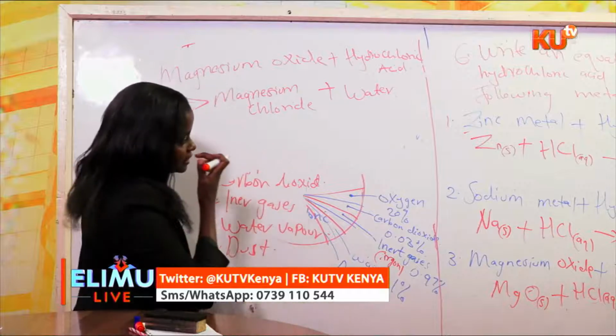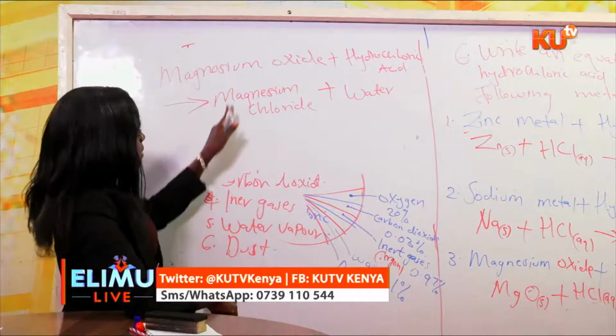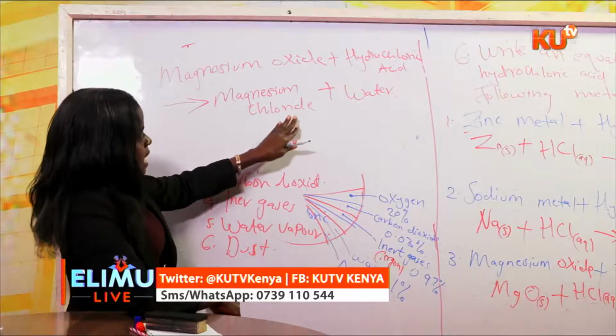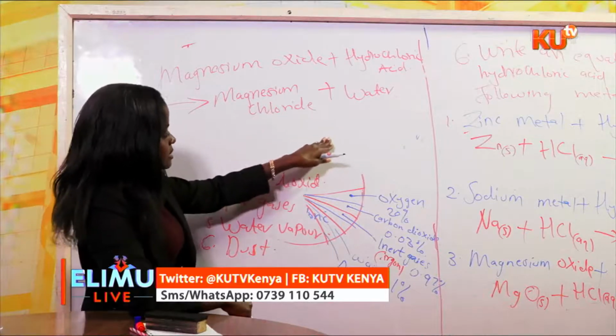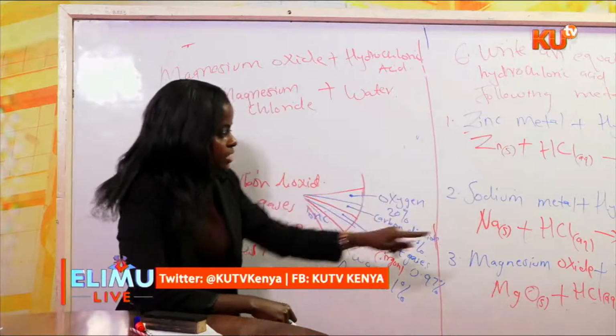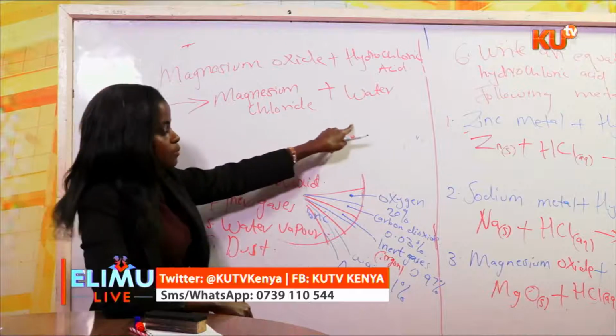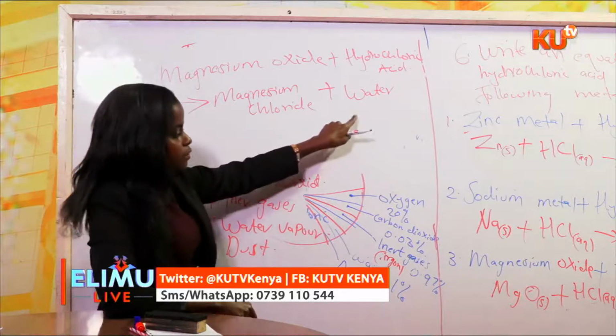So what's the difference? The difference that you've noticed when we mix magnesium oxide with hydrochloric acid is that the end result for metals is hydrogen gas, but now the end result for magnesium oxide is water, because now there is oxygen.